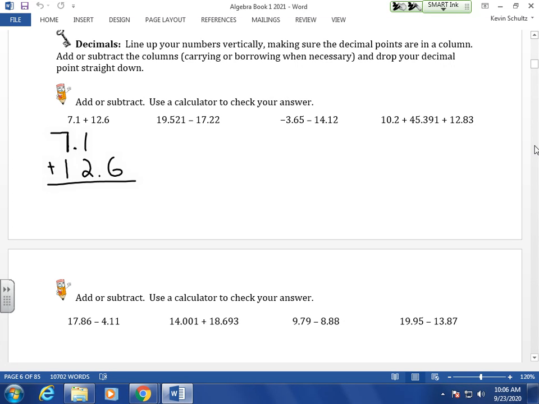That's a problem. Adding the 7, which is the ones place, to the 1 here, which is in the tens place, that's a problem.